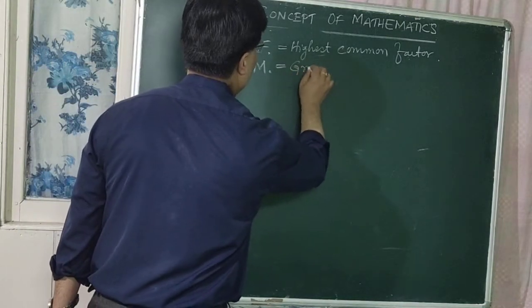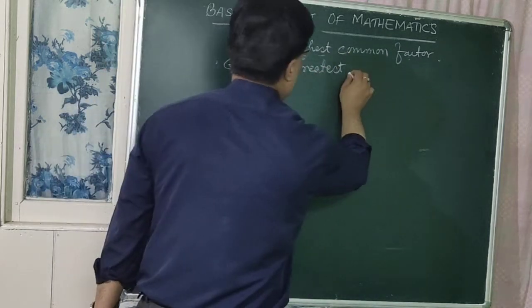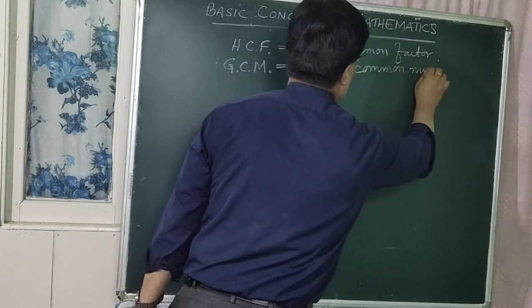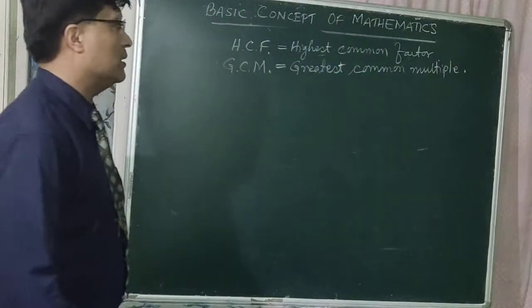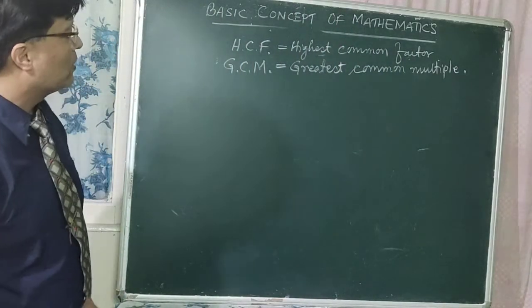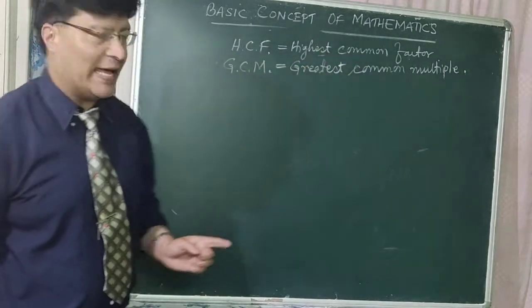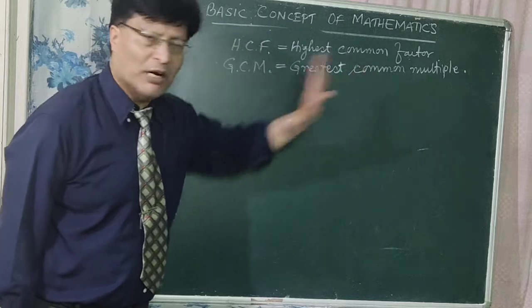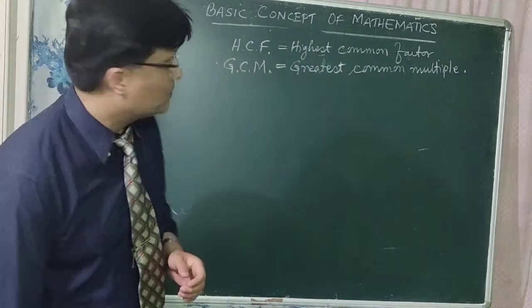So it is greatest common multiple. So highest common factor, which is abbreviated as HCF, and greatest common multiple, which is abbreviated as GCM, right?